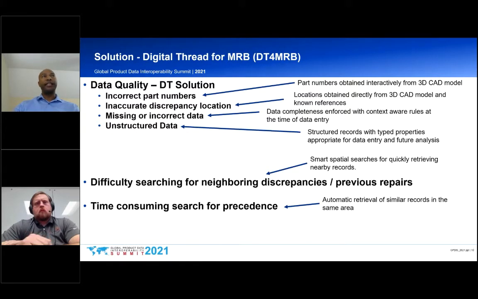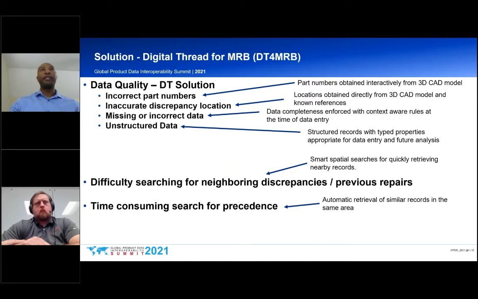So the digital thread seeks to solve all of these problems by utilizing the information that we had discussed before. So as far as the incorrect part numbers, with the digital thread solution, you can pull the correct part numbers from your PLM system and your ERP system for the actual part that is being manufactured by pulling them directly from the three-dimensional CAD model.